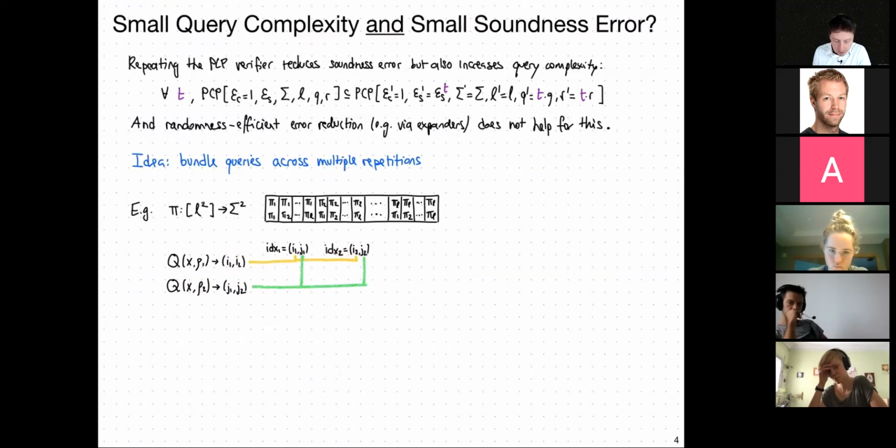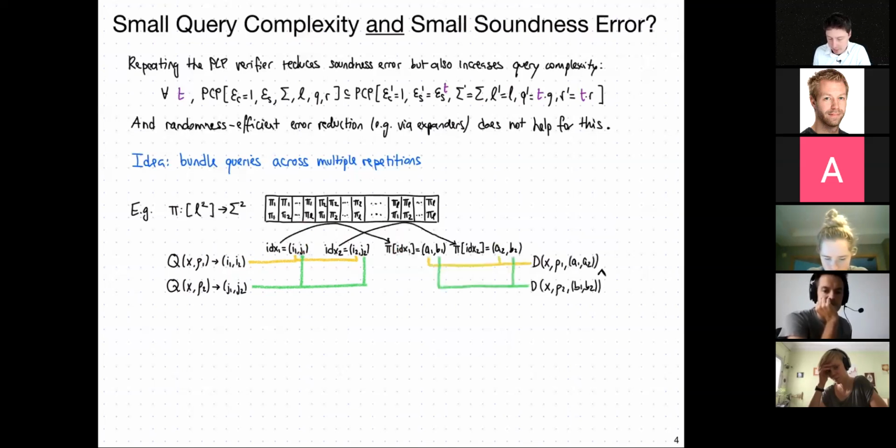So I put I1 and J1 together, and I put I2 and J2 together. Here they are, right? These indices determine pairs, which I query, and I get back answers, and I deconstruct the answers and I provide them to the decision predicate, and I take the AND of those. All right?